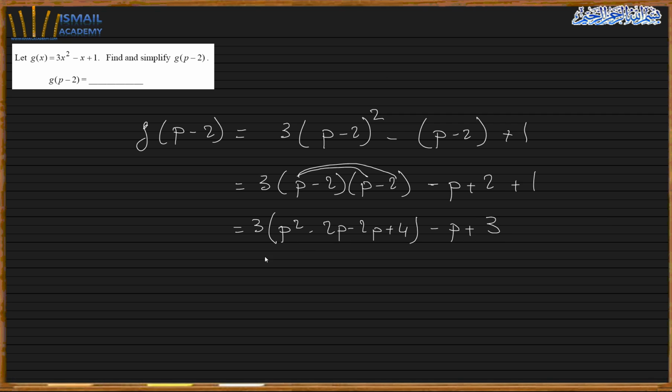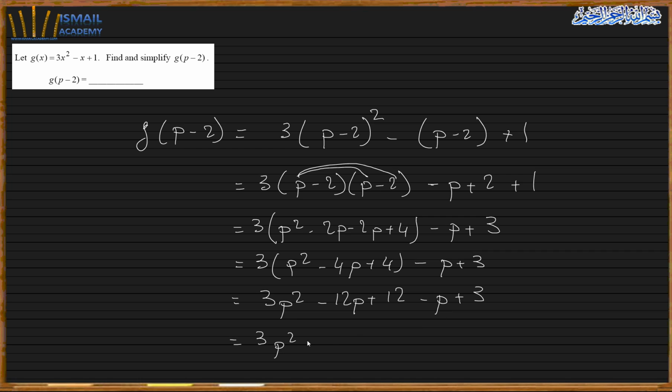Now simplify: p squared minus 4p plus 4 minus p plus 3. Distribute the 3, so it's going to be 3p squared minus 12p plus 12 minus p plus 3. Simplify, so it's going to be 3p squared minus 13p plus 15, and this will be my answer. So here will be 3p squared minus 13p plus 15.